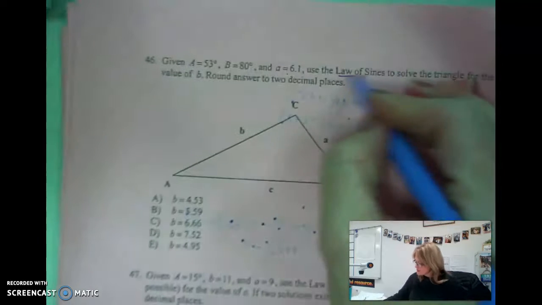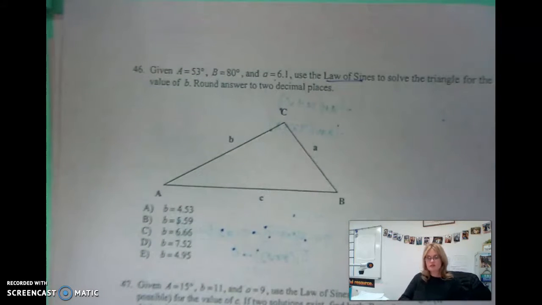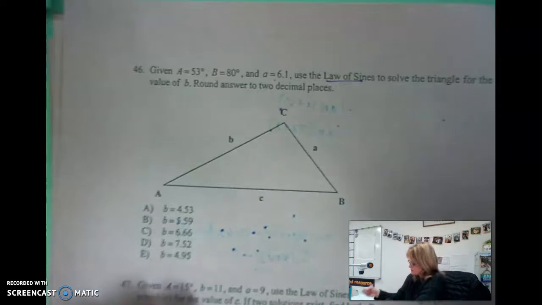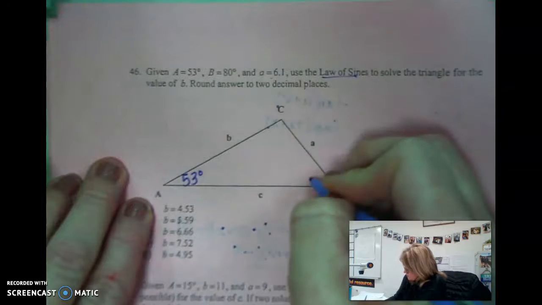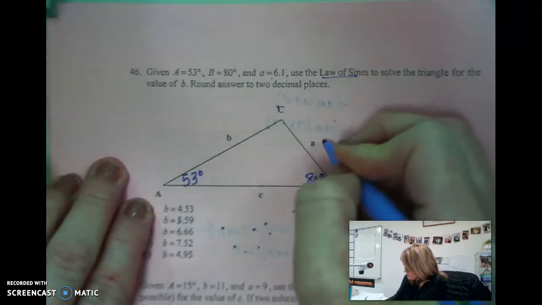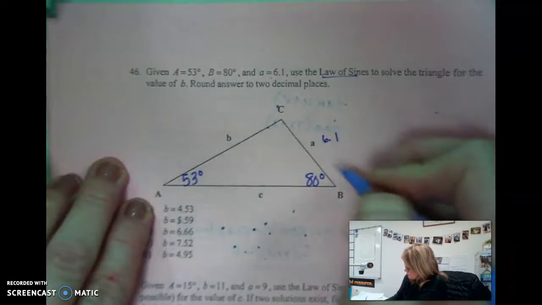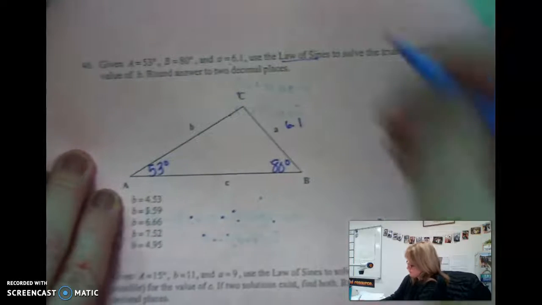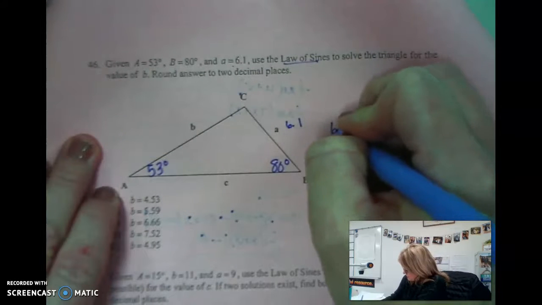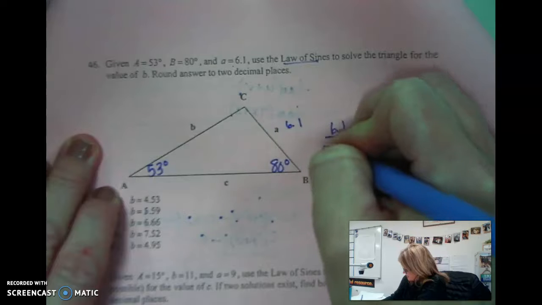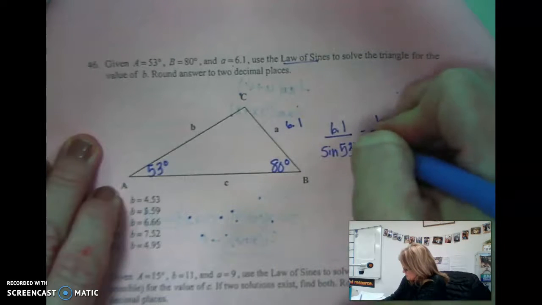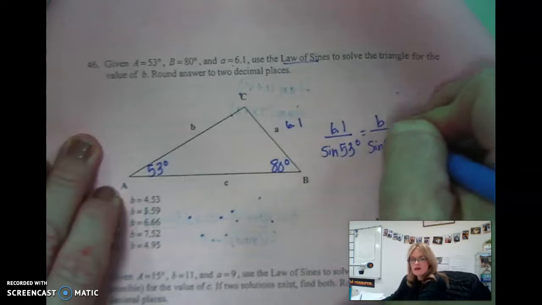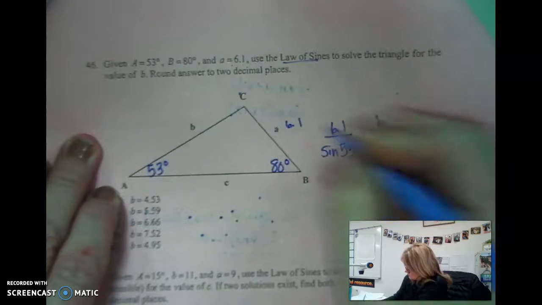Using the law of sines, okay, so it's already giving you the hint. Remember, with the law of sines, we're looking for our match. So we're given the angle, 53 degrees, B is 80 degrees, the side is 6.1, and we're asked to find side B. So the side of A to the sine of A equals the side of B to the sine of angle 80, or B. And then we cross multiply.